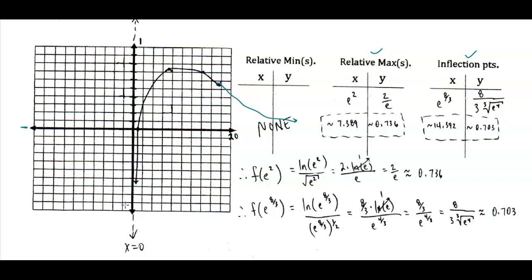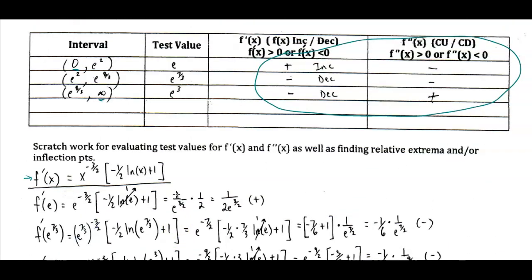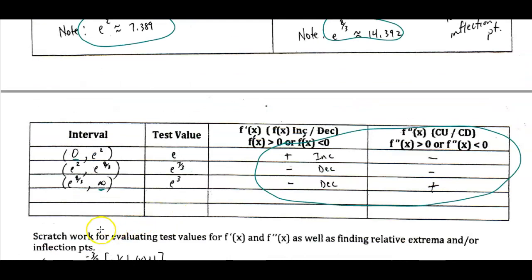Hopefully these 4 examples have given you a good idea of how we use the first derivative and the second derivative, and mainly using the first derivative test, because that's what we were doing in the charts here. And just to be clear, in this column here, we were using the first derivative test, and in this column here, we were using the concavity test.